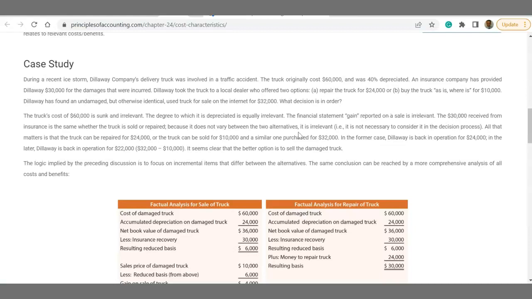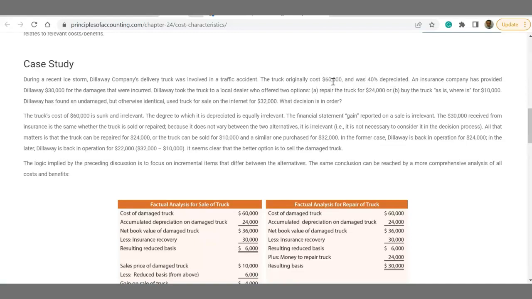The $30,000 received from the insurance is the same whether the truck is sold or repaired. So the truck either is sold or repaired. They got the $30,000 on the truck that has been damaged. So here is 60,000 and just 40% is depreciated. That means $24,000 is 40% of 60.